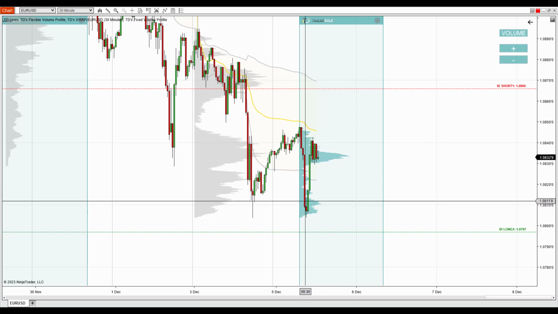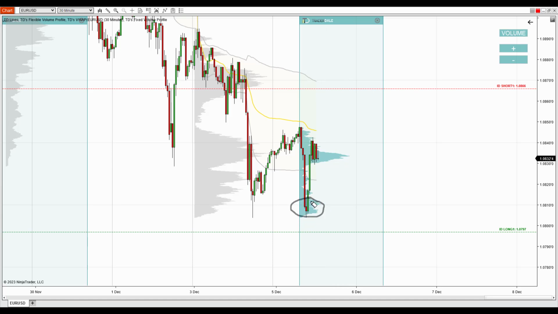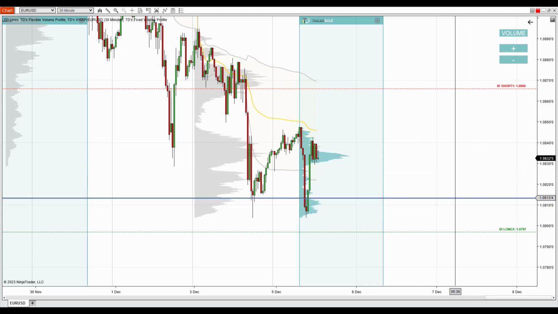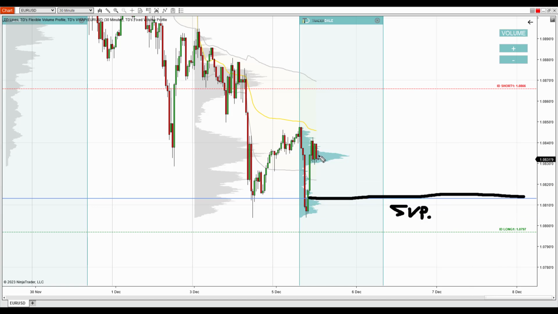So what this volume cluster is telling us is that buyers started to jump in here and they started to buy everything the sellers had to sell, and they were really into turning the price from sell-off into buying activity. So this is an important zone for buyers, which means potential support. At the beginning of that heavy volume zone, it is in here. Let me print a line there at 1.0813. So if the price drops to this level, chances are that there'll be a reaction from there.